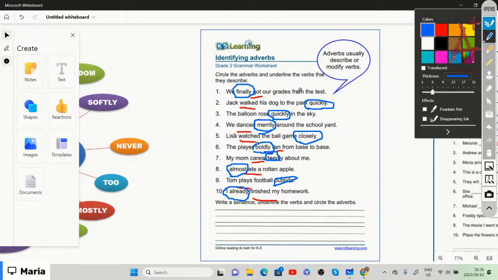And once again, an adverb either tells us about or describes a verb, an adjective, or another adverb. And some adverbs tell us how, some tell us when, and some tell us where.